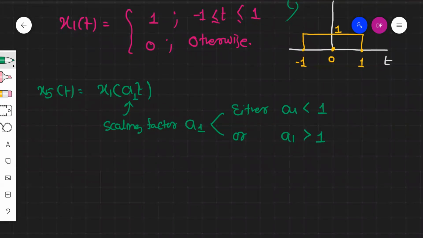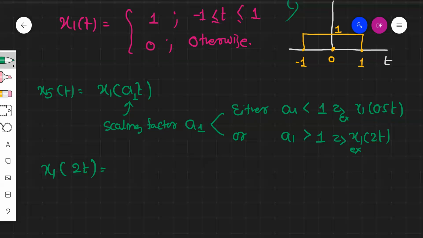Let's suppose I take a1 to be 2, so x1 of 2t. What should be the mathematical expression and how will it look? And we will take another example, x1 of 0.5t.